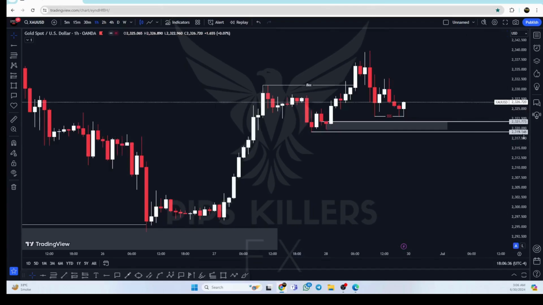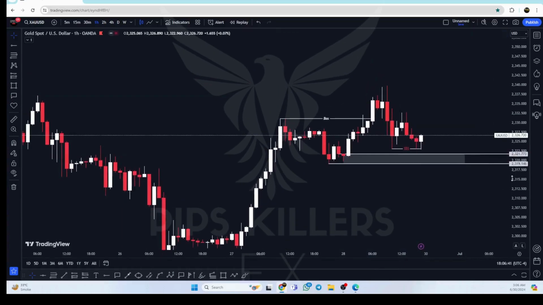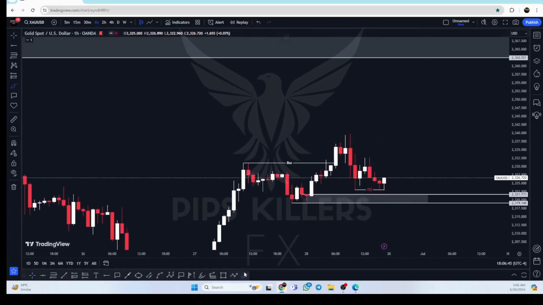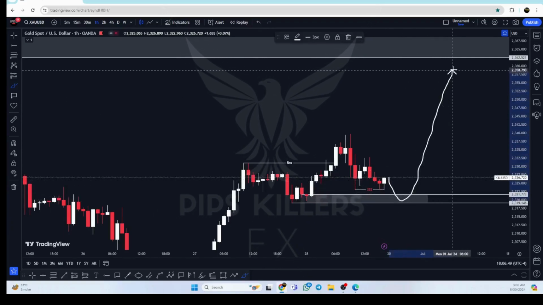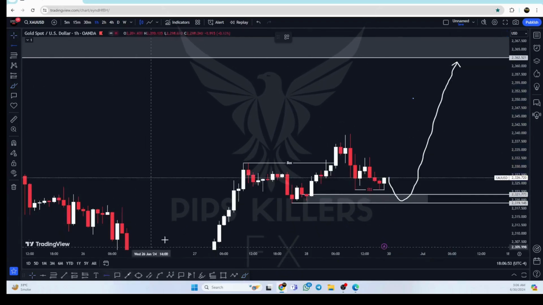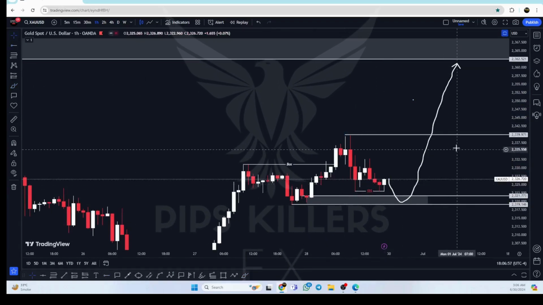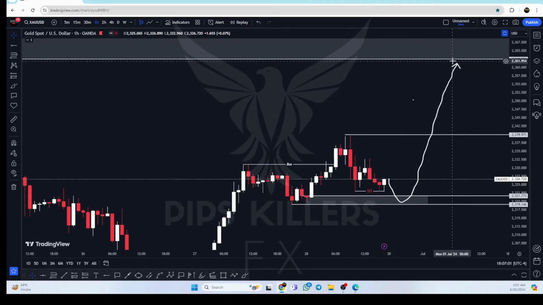As long as this area holds, we are buyers, expecting the first target to be the double top. And after its breakout, looking at targets up to 2,362.